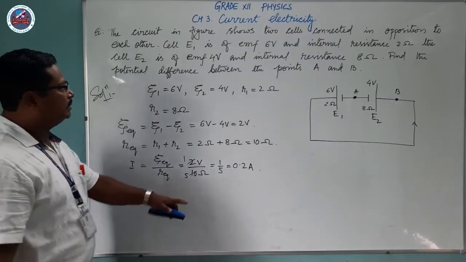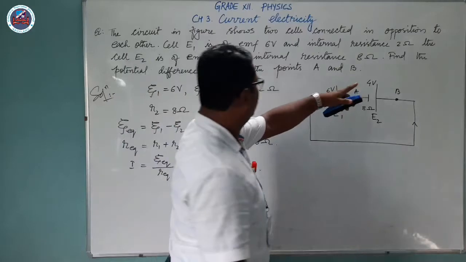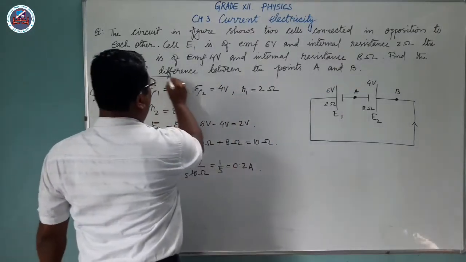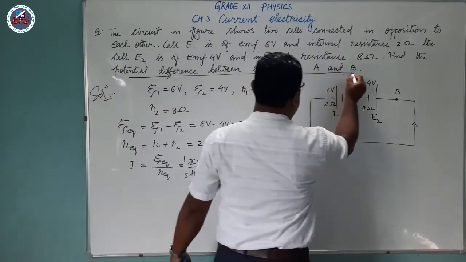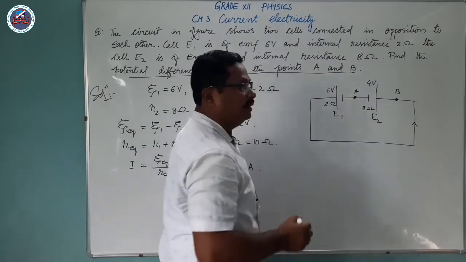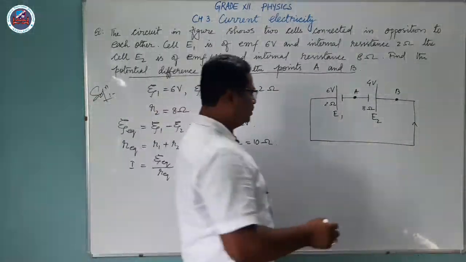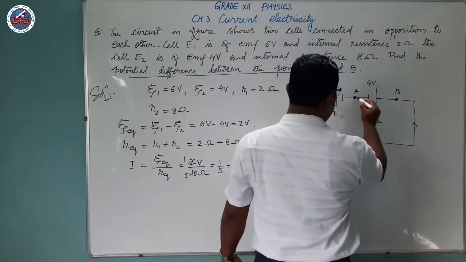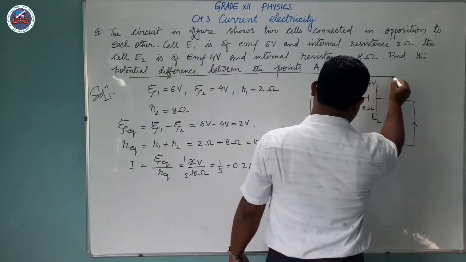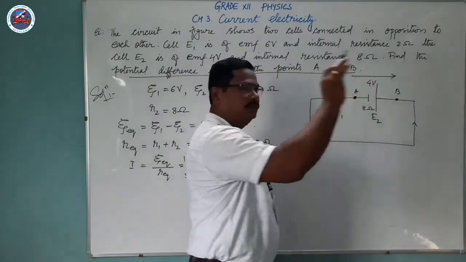After getting the current, then you can go for finding out the potential difference between the points A and B. As I have told you earlier, in Kirchhoff's laws, to find the potential between 2 points, you choose one path, and generally we are choosing from left to right.